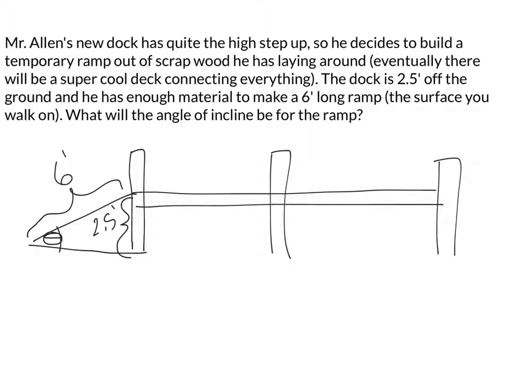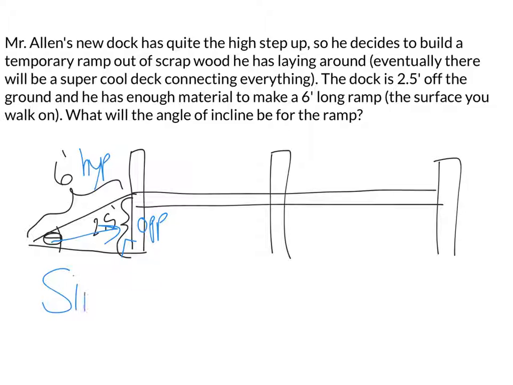This sounds like we're going to need to get tricky with it. From this angle, what side is this? That's my opposite side. And then this one's my hypotenuse, because it's across from the right angle. Because that dock is perfectly plumb, so it forms a right angle with the ground. Opposite, hypotenuse, which one uses that?